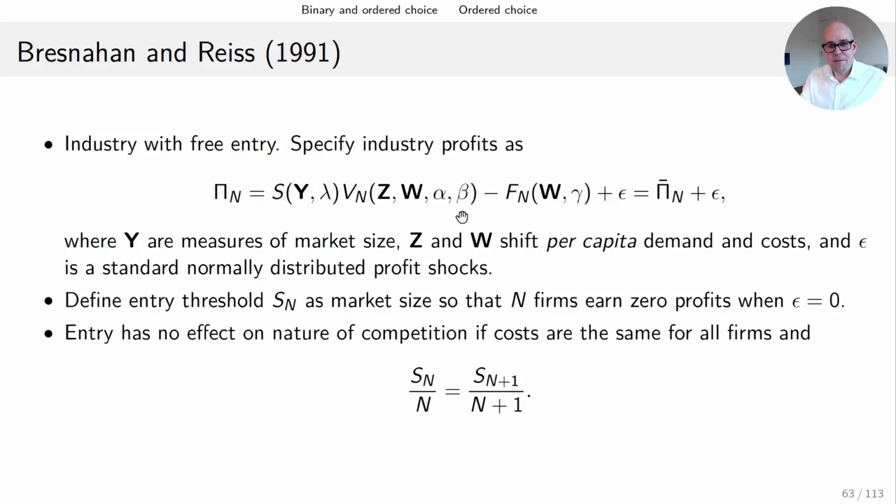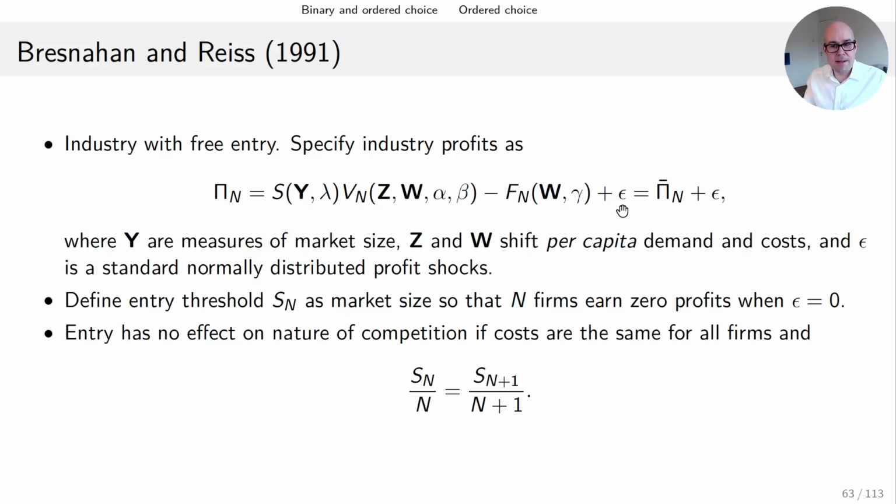Then we have variable profits per capita, so per inhabitant of, say, a city, minus fixed cost. And then on top of that, you would have an econometric error term. That econometric error term captures all kinds of differences across markets.